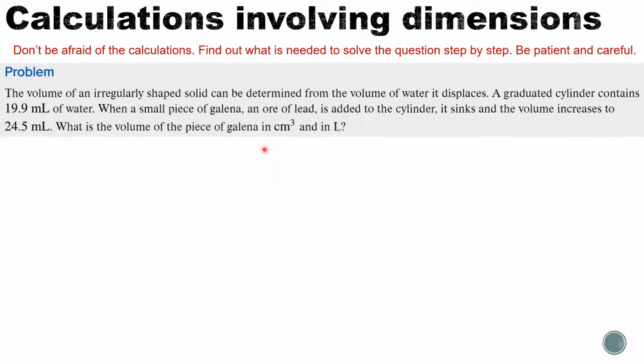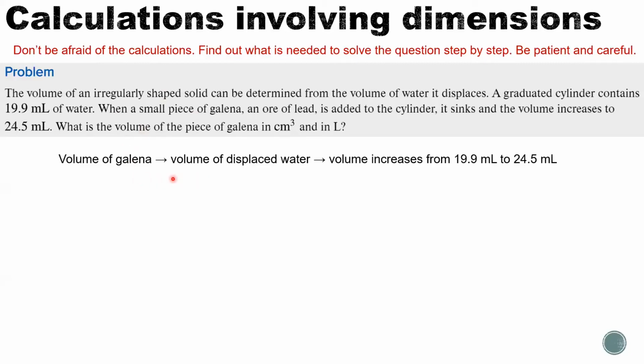Okay, when you read through it, there's so much information, but first you need to know what it says. It says the irregularly shaped solid is put in some water, and the water volume will increase in the container. So you should get the information that the increased volume of water should match the volume of this irregularly shaped solid. It asks for the volume of the piece.